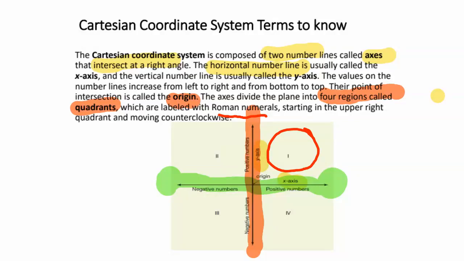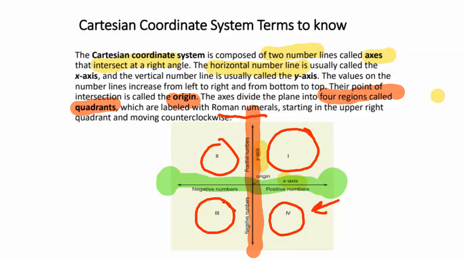Roman numeral 2, Roman numeral 3, Roman numeral 4. And you're going to notice that if we look in this 4th quadrant, it's telling you that our x values are positive, but our y values are negative.